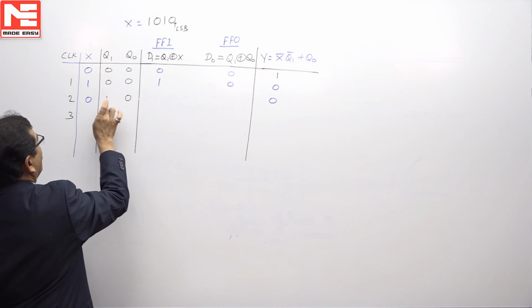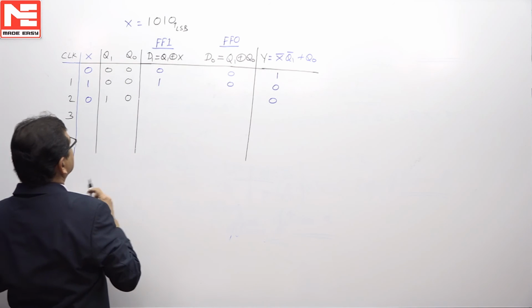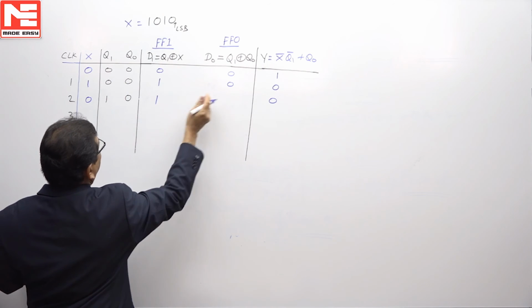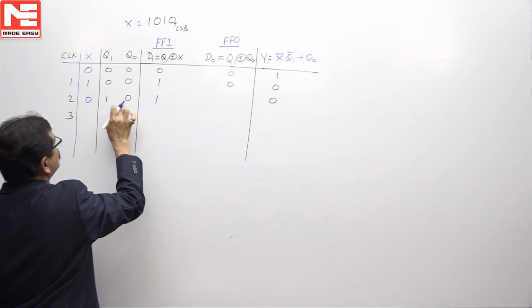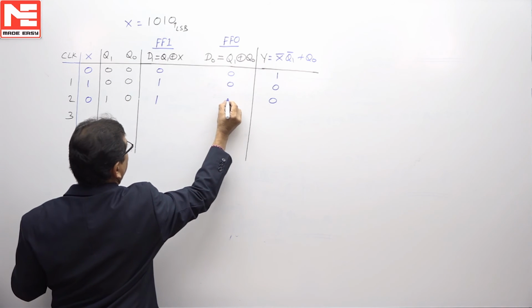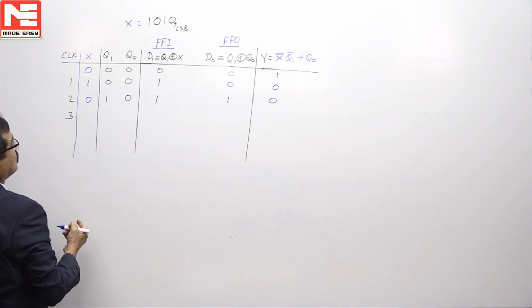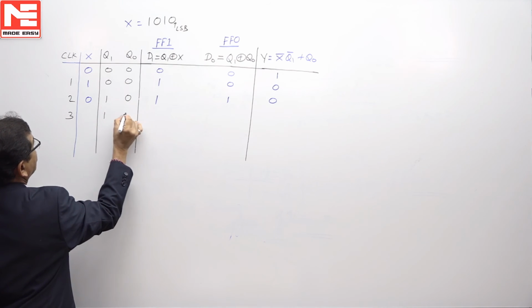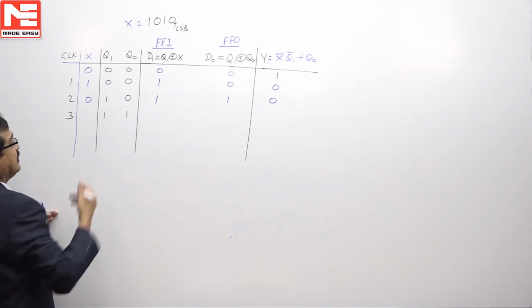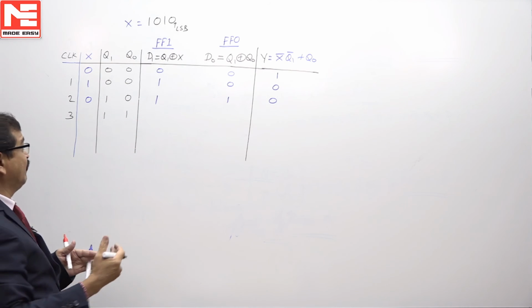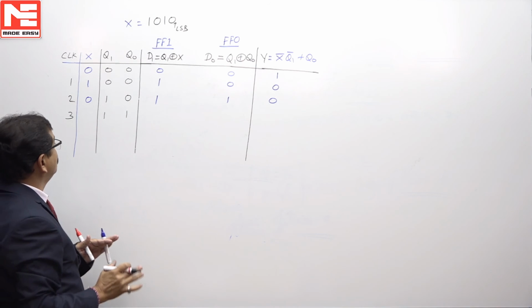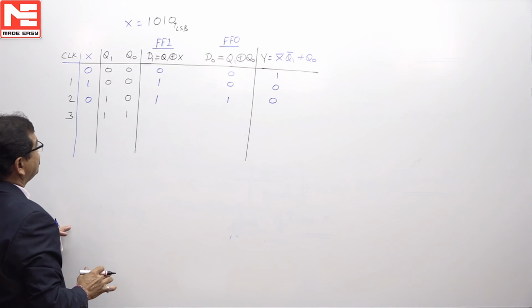Q1 exclusive OR with X we read as 1, and D0, Q1 exclusive OR with Q0, 1 exclusive OR 0 is 1. Now, if you apply the clock signal, we read the flip flop 1 output as 1 and the flip flop 0 output also as 1, because the D inputs are 1. That is the content of flip flop 1 and flip flop 0 after the third clock pulse.